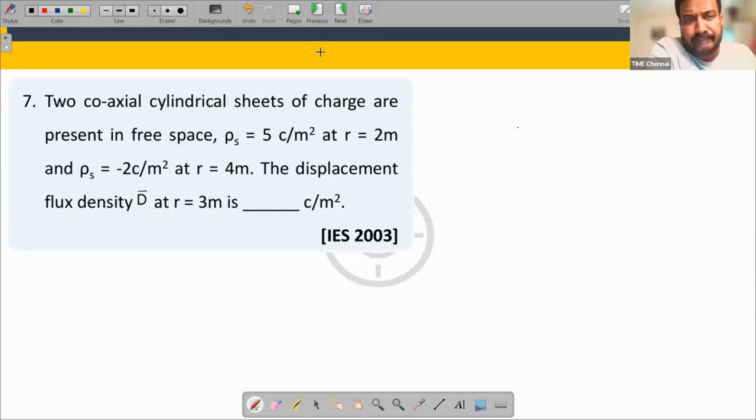Got the answer? Anyone got the answer? How to solve this? See here. This is one more model, model 3.